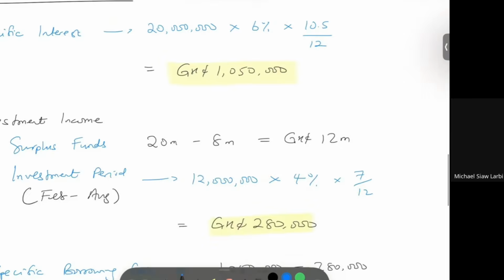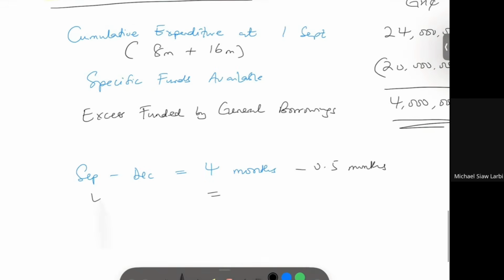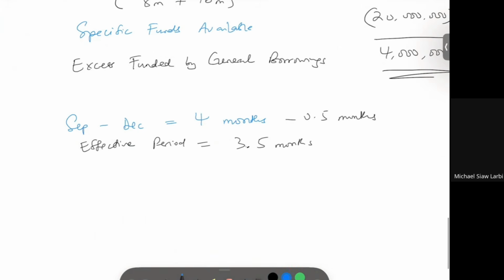So we are going to subtract those 2 weeks, so minus the 0.5 months where there was a strike action, meaning our actual capitalization period, effective period, is 3.5 months.